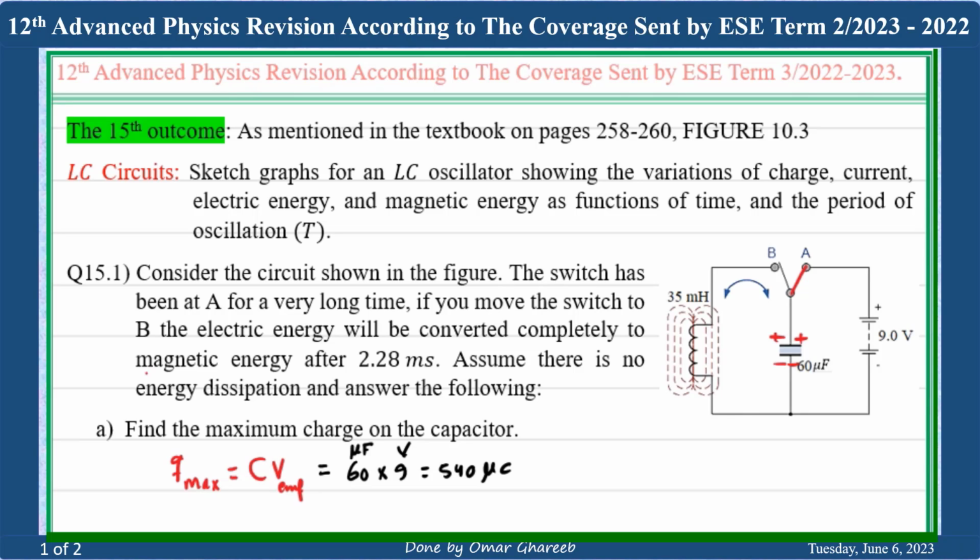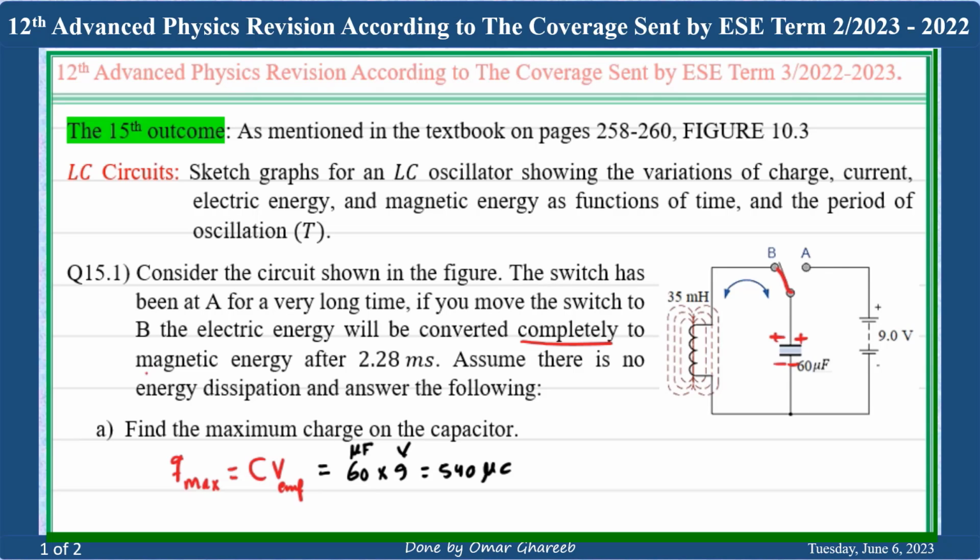If we move the switch to B, now there is a change in the capacitor. We move the switch to B like this. What happens? The electric energy will be converted completely to magnetic energy.